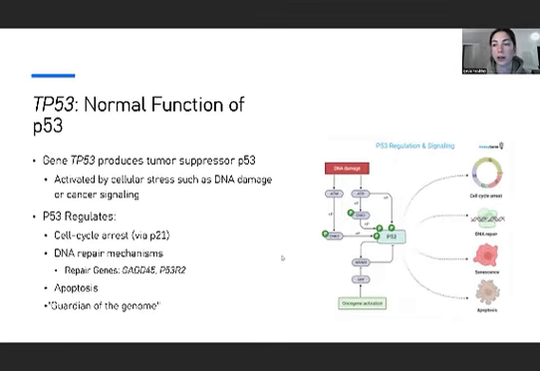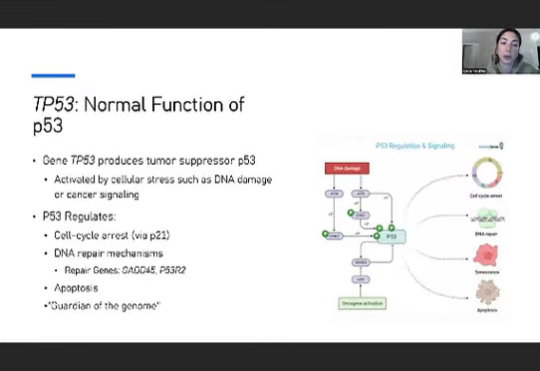So how are these tumor suppressors affected with this cancer? This TP53 gene is producing our tumor suppressor p53, and p53 is going to be sent out whenever there is a cellular stress like DNA damage or cancer signaling.